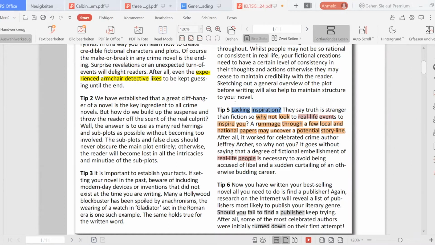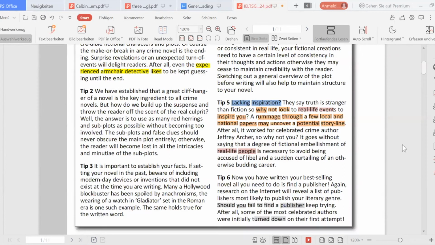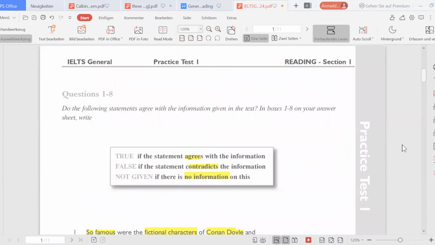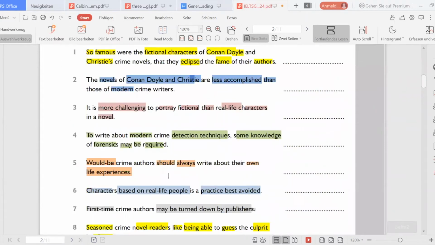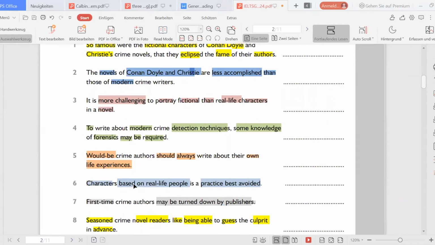So we've got a sentence talking about real life events, and the same keywords for the next question appear in the sentence. And already, if you paid good attention, you would have seen that that statement is false, because the statement here is saying that basing characters on real life people is a practice you should not do.